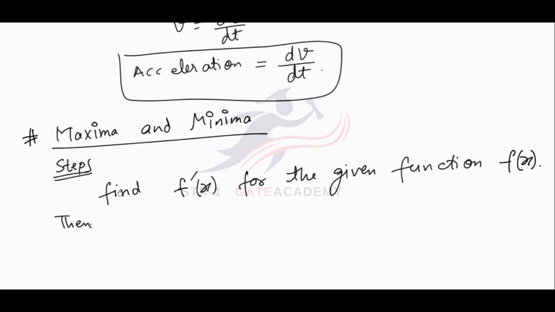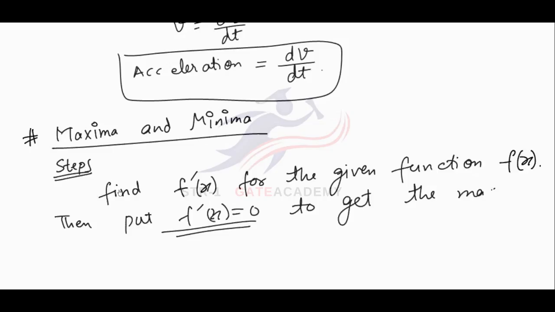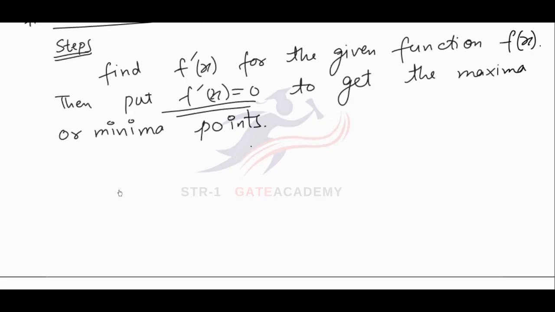Then put f dash x equal to 0 to get the maxima or minima points, right? Once you get maxima minima points, let's say x1, x2 are the points.